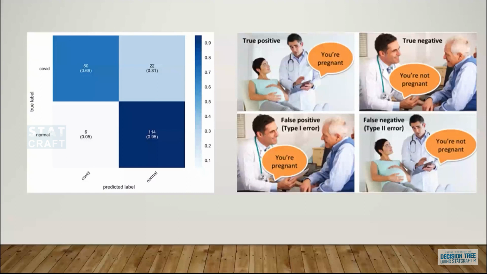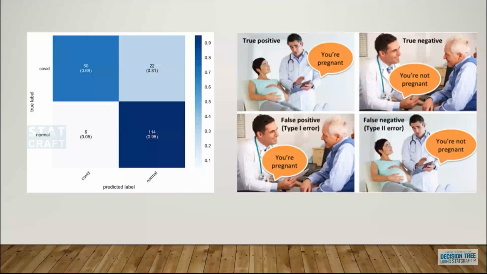You are having a disease, your blood report detected correctly. You are not having the disease, the blood report detected correctly. So what is your success? 50 plus 114, 164 is your success. Misclassification has happened here: a person was normal, but the kit detected that he is having COVID.